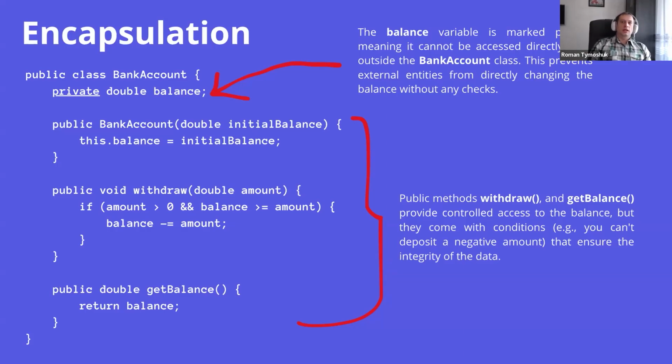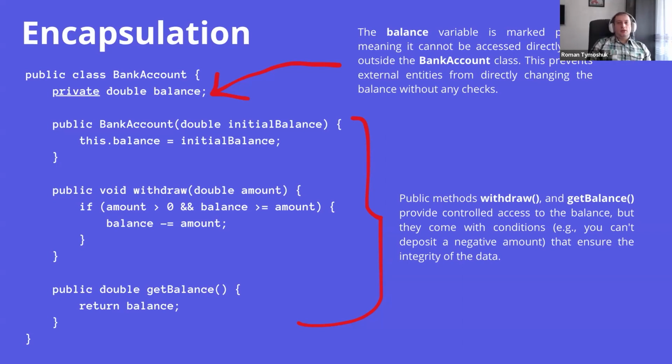So it should be private, and we should operate with your bank account based on some kind of activities like withdrawal or even getting the balance. So that's something which is operated through the methods. We have a constructor, BankAccount with initial balance. We are initializing your bank account.